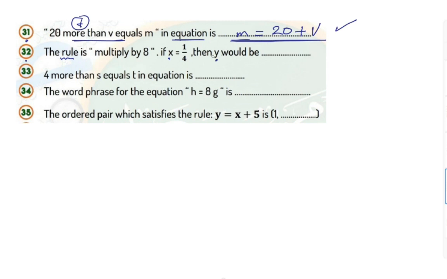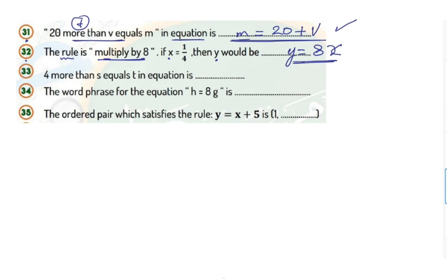So we have y equals some operation of x. This is the rule, multiply by 8. So I will multiply x, and I can write it as 8x. So y equals 8x is the rule.